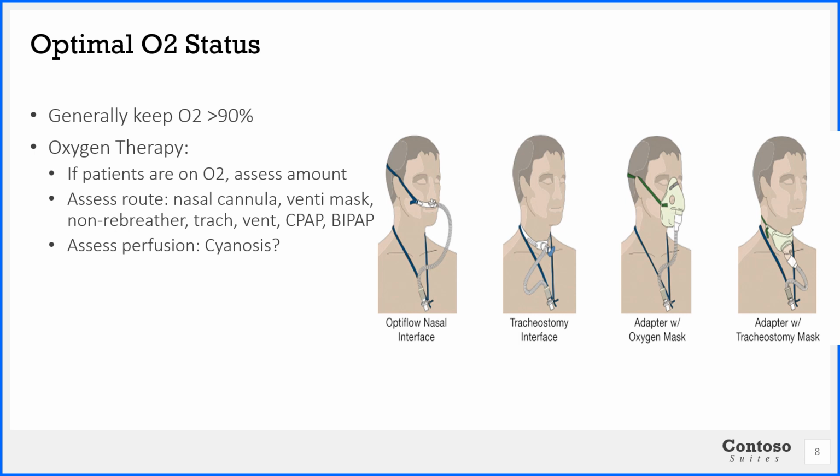Assessing the route: nasal cannulas, venti masks, non-rebreathers, trachs, vents, BiPAP, CPAP. These are all things that you need to know. Over here on your right, you'll see I put some different types of oxygen masks and for the trachs that you might come across.